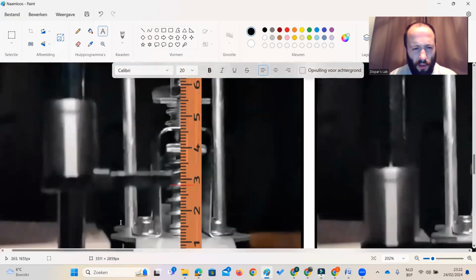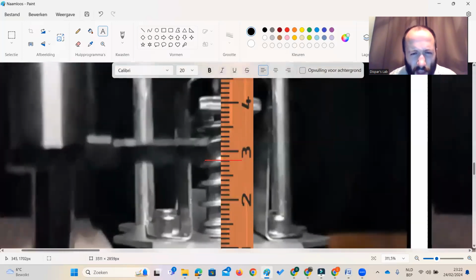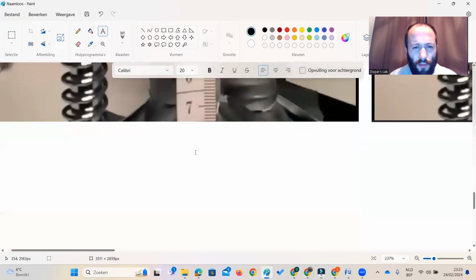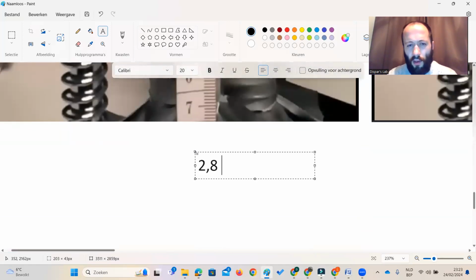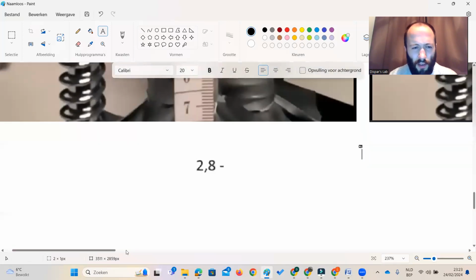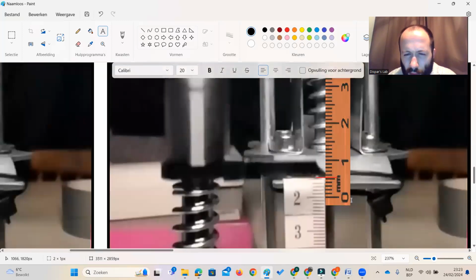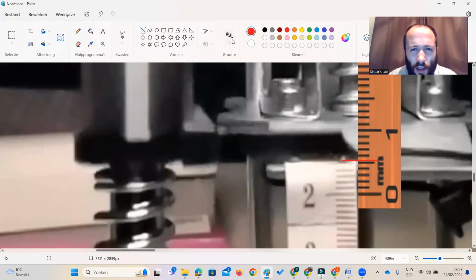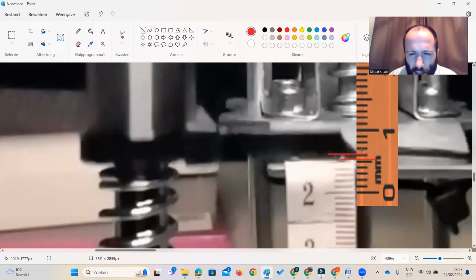Now for the one mass, the initial height seems to be 2.8, minus, let's see, hold on, I think I got it wrong over here. It's actually a little bit higher. Seems to be over here. 0.6.